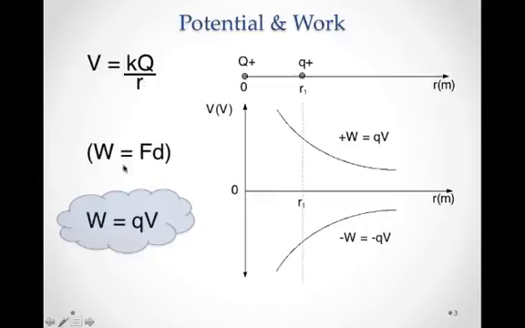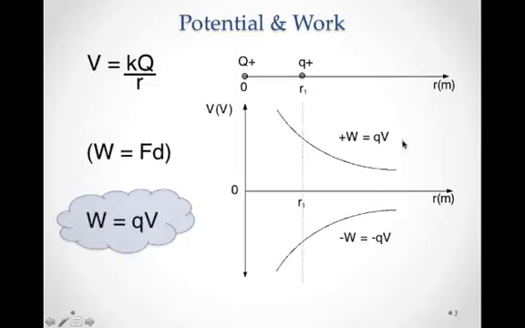So if we had force times that distance, you can kind of see how it would relate to work. Because again, if this was Coulomb's law, this would be KQQ over R squared. Multiplying by that distance R, we would get rid of one of the R's.